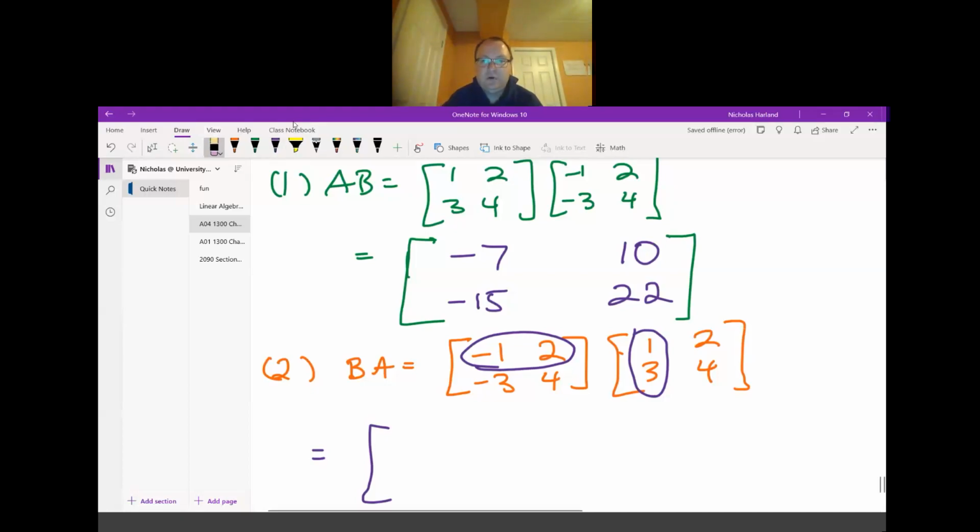So -1 times 1 is -1, plus 2 times 3, -1 plus 6 is 5. First row, second column. Negative 1 times 2 is negative 2. 2 times 4 is 8. Negative 2 plus 8 is 6.